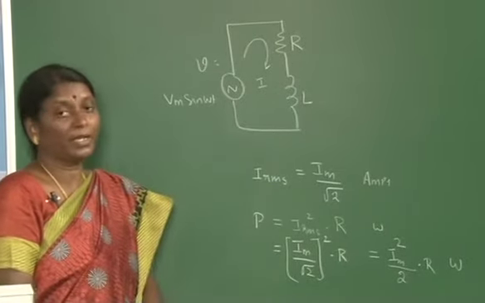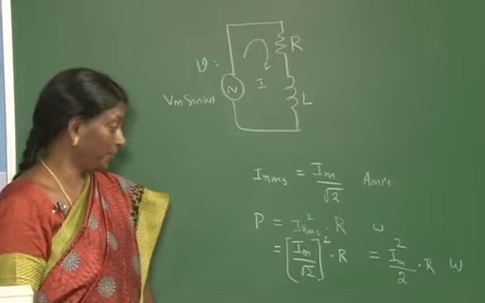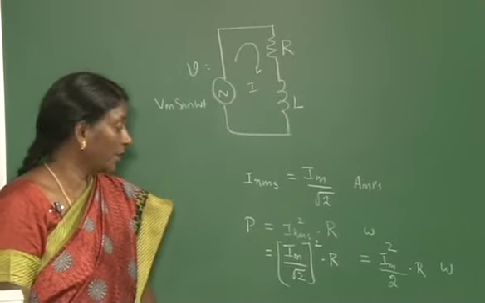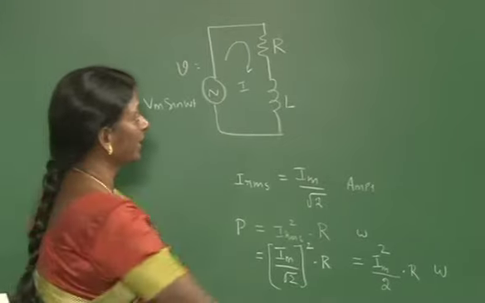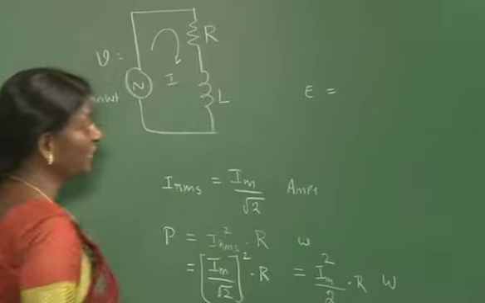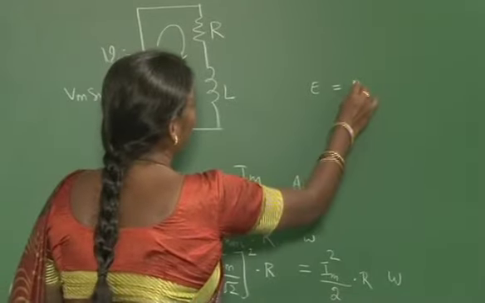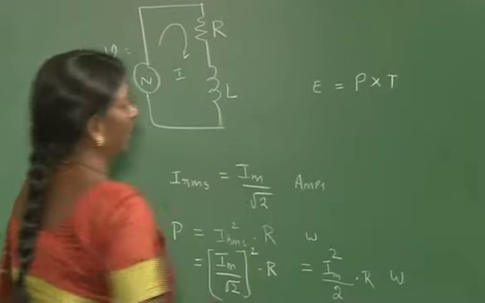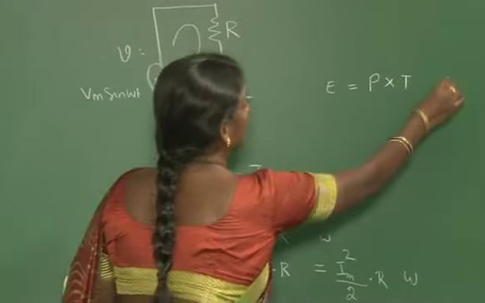Now we need to find the energy dissipated in the series resistor. Energy dissipated is normally taken as E equal to the power into the time period for one cycle, again in joules.